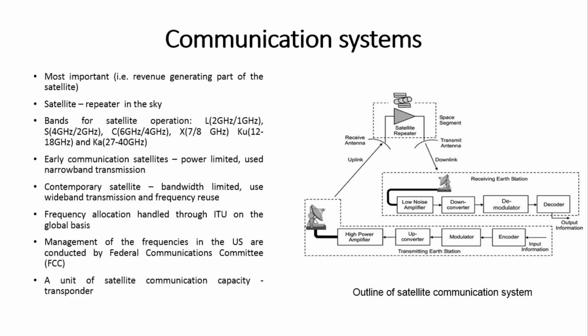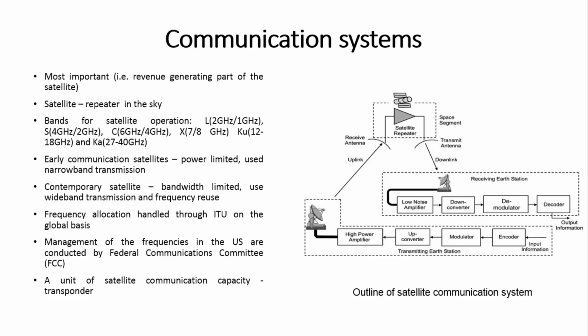Here is an outline of a satellite communication system. The satellite is receiving the signal from the antenna, that is the uplink signal, and it is transmitting the signal from the transmitting antenna, that is the downlink signal.